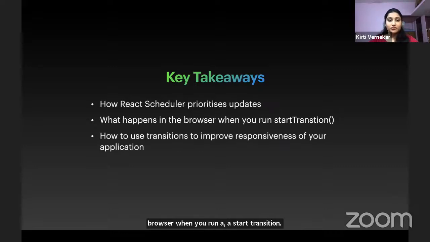Also, how to use startTransition, the useTransition and useDeferredValue hooks that React introduced in version 18. These are targeted at making the browser more responsive and reducing the time it stays frozen, that is the total blocking time, which is a web metric.